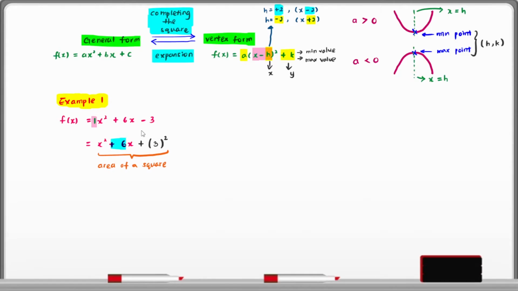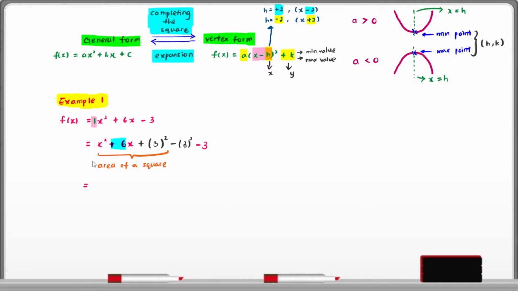By adding 3 squared here, I've already changed the quadratic function given. To keep the quadratic function as it is, I'm going to subtract exactly the number that I added in, which is 3 squared. 3 squared minus 3 squared is equal to 0, which means I didn't change the quadratic function given. Don't forget we still have a minus 3 at the back there, so we just copy that part.